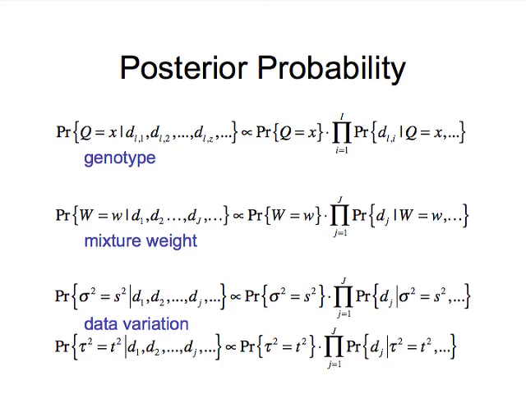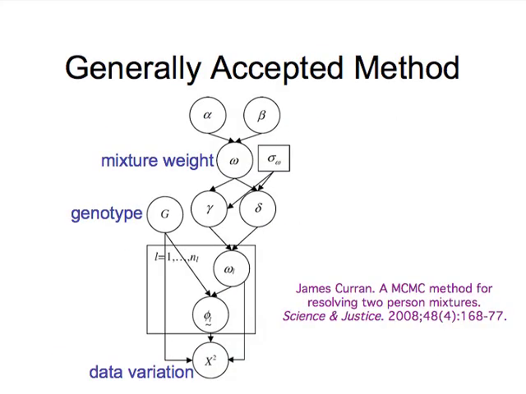They're each proportional to their prior distribution times their joint likelihood function over all the relevant data for that variable. Next slide.